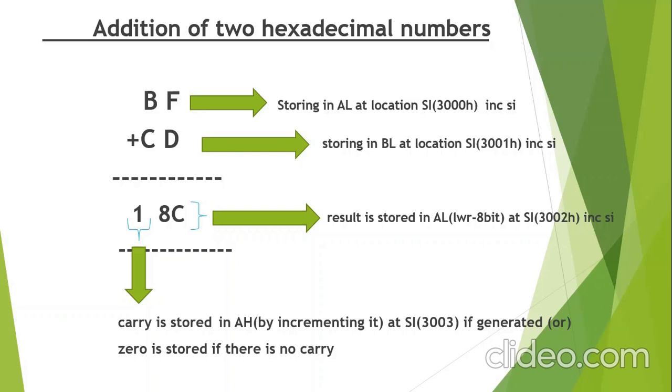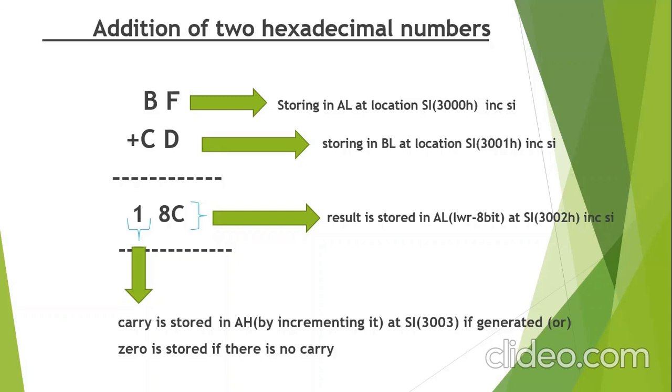In the same way, we have to move this CD to the memory location 3001H, successive of 3000H, into the register BL. You can see over here we incremented SI. Why did that increment in SI come into the picture? In 8086, one memory location can accommodate an 8-bit number.